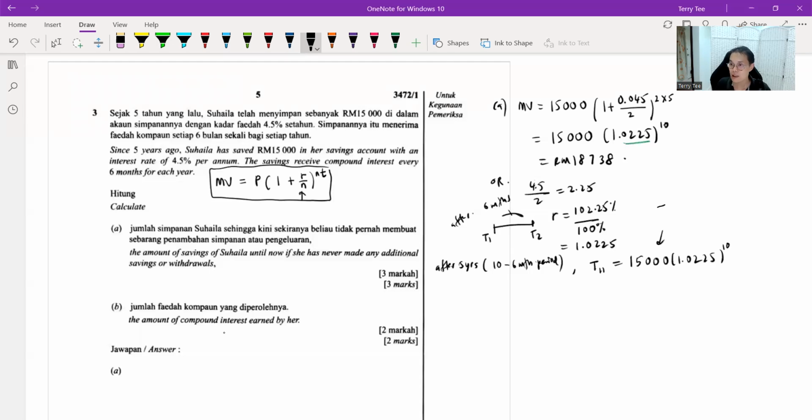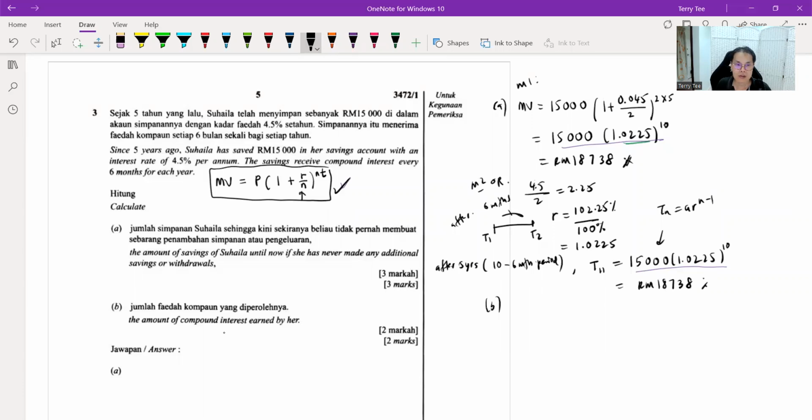Yeah, remember, Tn formula is given by a r^(n-1). So notice it's exactly the same as what we have over here, right? Of course, if you have this formula, it's a lot faster. If you don't remember, well, you can just use the formula for the nth term of a geometric progression. Okay, first part, we are done. We got this answer. Either use the first method, which is the formula here, or the second method, which is the geometric progression formula.